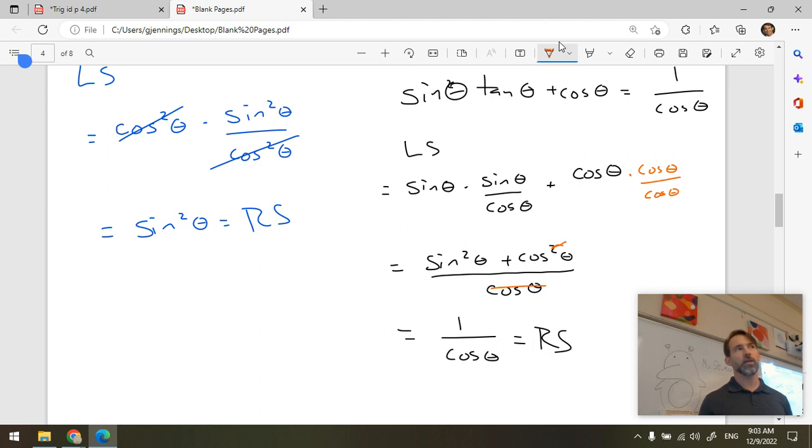And I don't think you would make that mistake if they were numbers. Like it was sine theta and then sine theta over cos theta plus cos theta. Why didn't you just cross out cos theta? Why didn't these cancel?